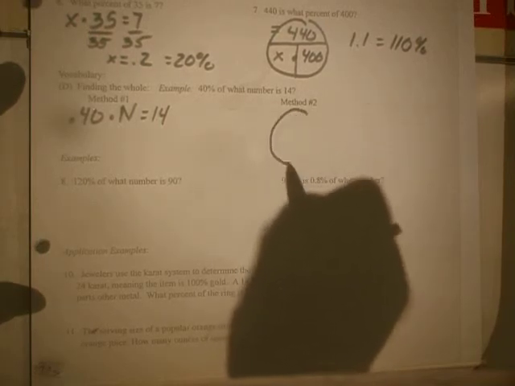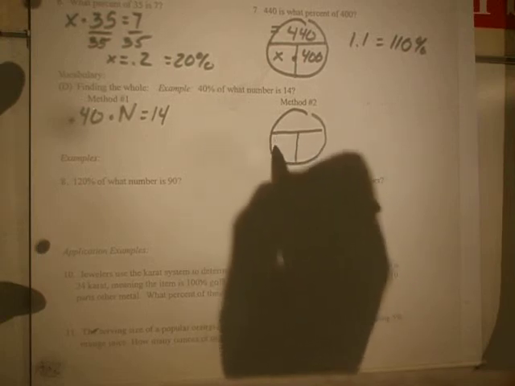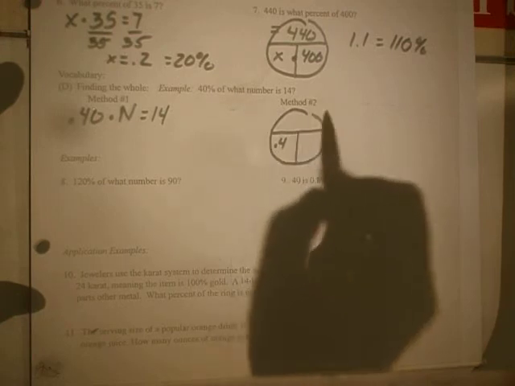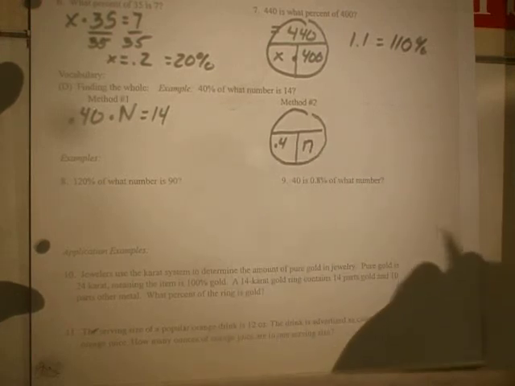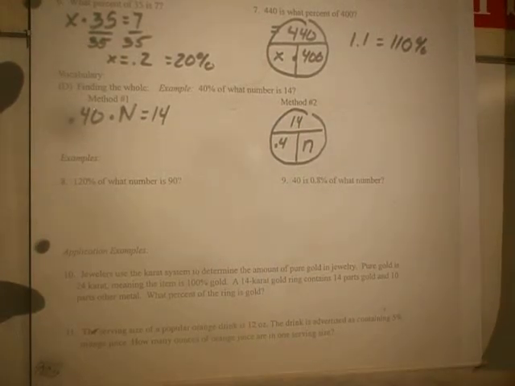And if you do this circle method, 40% is going to go in this first one as a 0.4. Of what number? We'll put an n there because we don't know the number. And the "is" or the equal number goes on top.